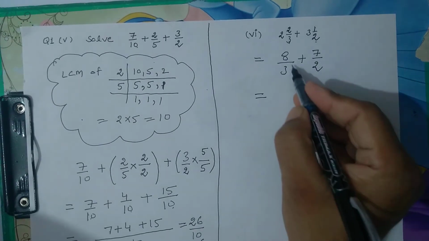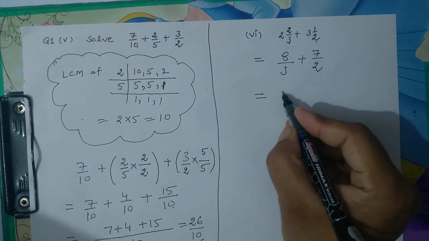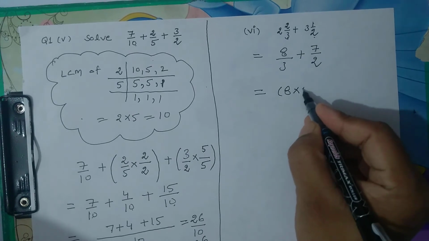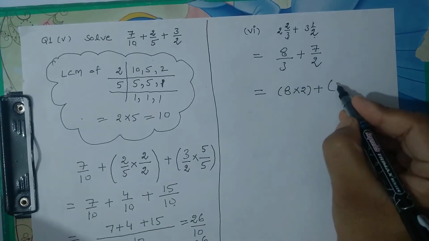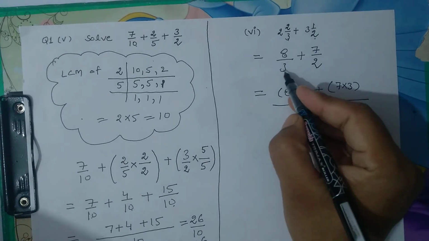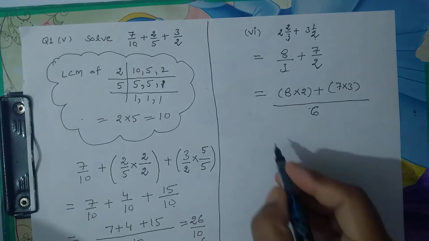Now what is the LCM? We can just cross multiply. 8 is multiplied with 2 plus 7 is multiplied with 3. For the denominator, multiply these two numbers, 3 into 2, 6.